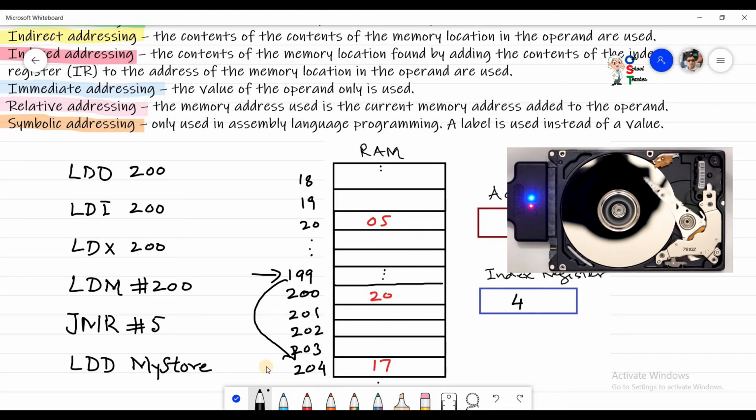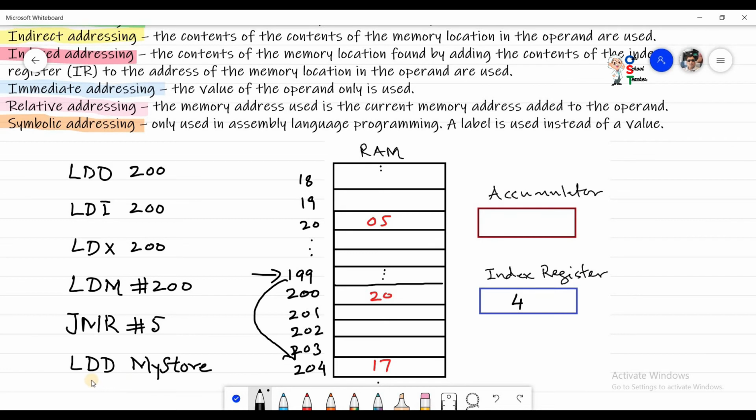right? And at last, load direct with a label. Here a label example has been used. This is called symbolic addressing. This is a label, and from this label the value will be picked and loaded in the accumulator.